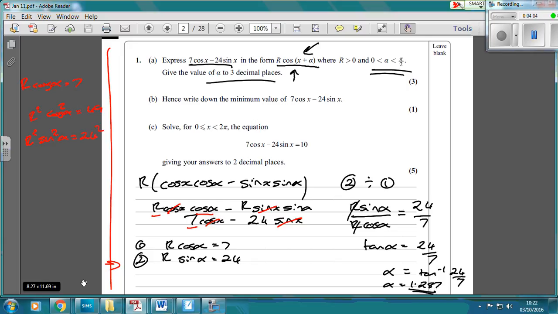Then if we add those together, we get r squared cos squared alpha plus r squared sin squared alpha, and that equals 7 squared plus 24 squared. If we then factorise out the r squared, we get r squared times (cos squared alpha plus sin squared alpha) equals 7 squared plus 24 squared.